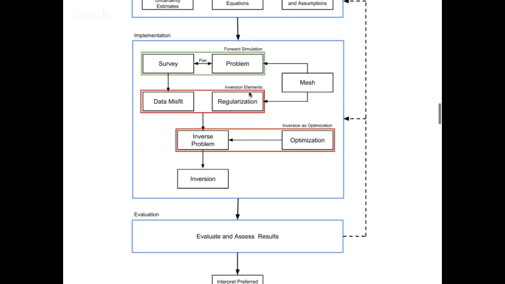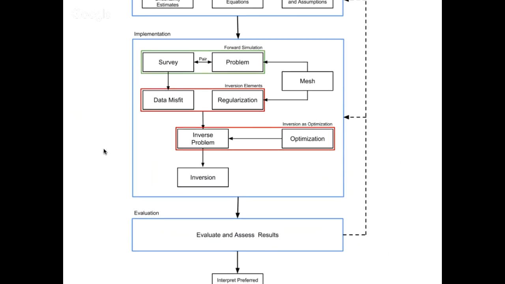When we then think about the inverse problem, we're using a classic deterministic inverse problem, where we've got some data misfit, which is a measure of how well we're fitting our data. It's often an L2 norm. And we've got a regularization term. Those two are weighted with a trade-off parameter between them, and that's something that you can play with in the inversion.